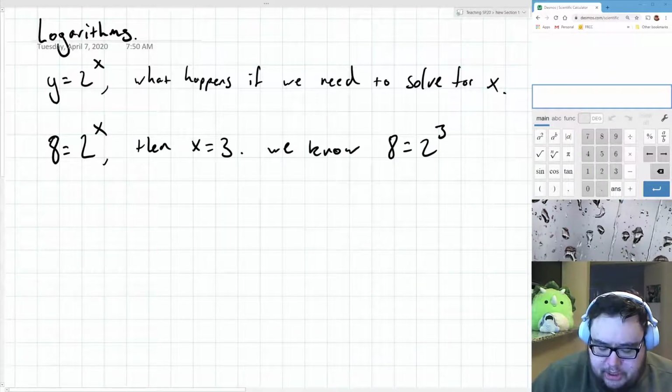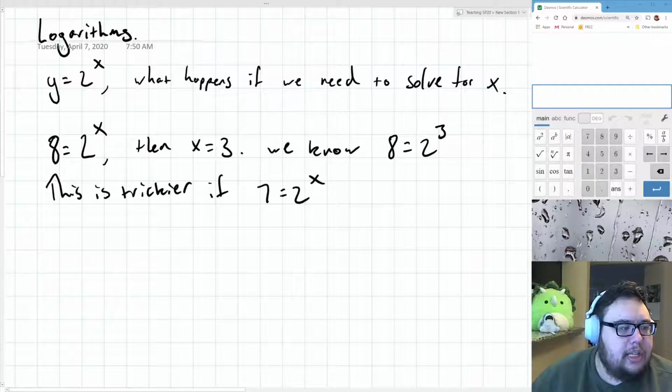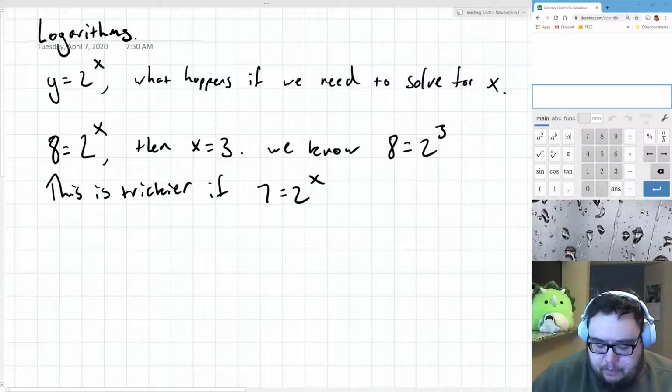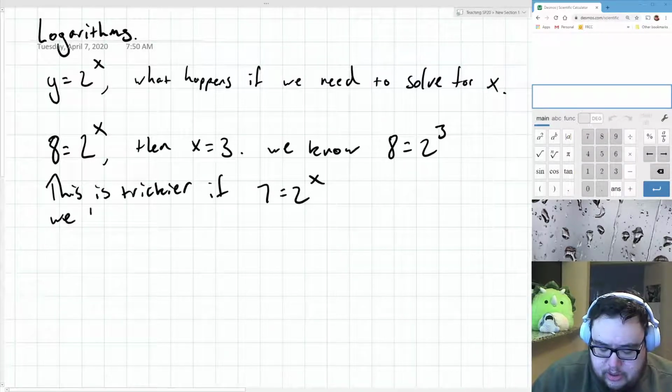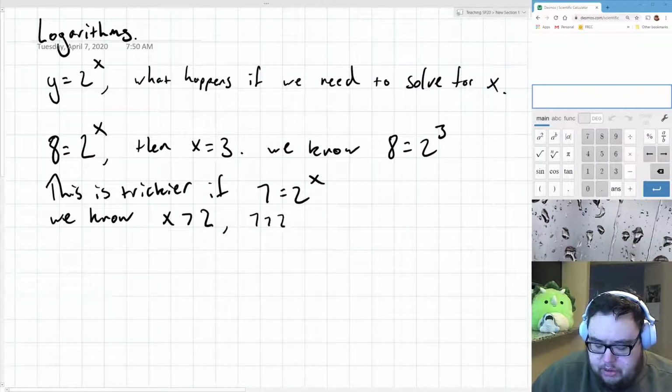But things are a little trickier if, say, 7 is equal to 2 to the power of x. That's harder, right? We know that x is probably going to be bigger than 2 because 7 is bigger than 2 squared, which is 4, right?